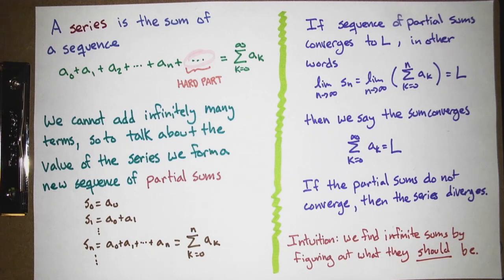Now we say, all right, the real question is, what's happening to our partial sums? In essence, we form a new sequence. It's a sequence of partial sums. And we say, take the limit as n goes to infinity of these partial sums. If it's a number, then we say the sum converges. And if the sequence of partial sums don't converge, then we say it diverges.